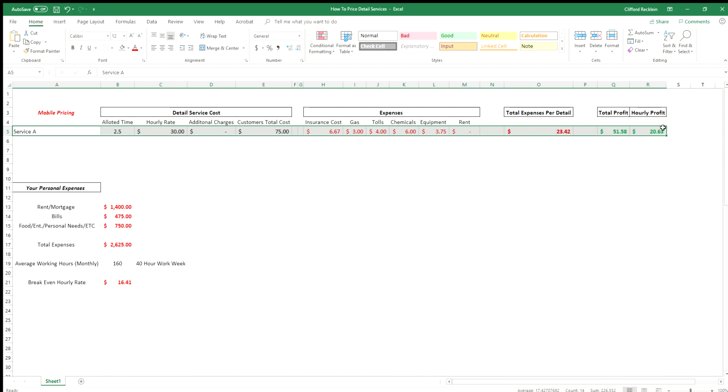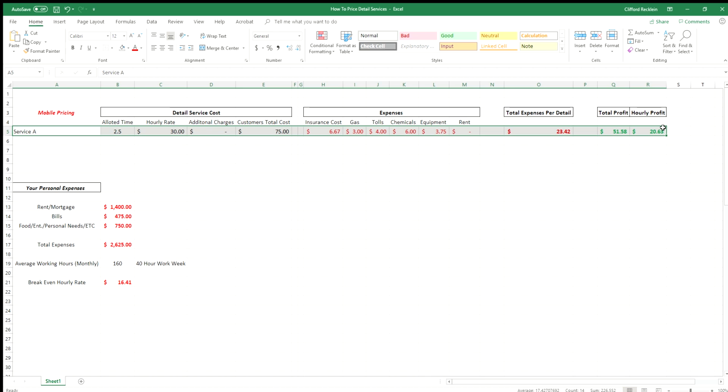Obviously you guys at home may have different things in association with the cost of expenses and the amount of time it takes you and your personal expenses, but this will give you a great idea of how to figure out the cost of what you need to charge for a service in order for the business to be profitable, in order for you to pay your bills, in order for you to grow as an individual and as a business owner. Now, with that said, there's a few other things to take into consideration.